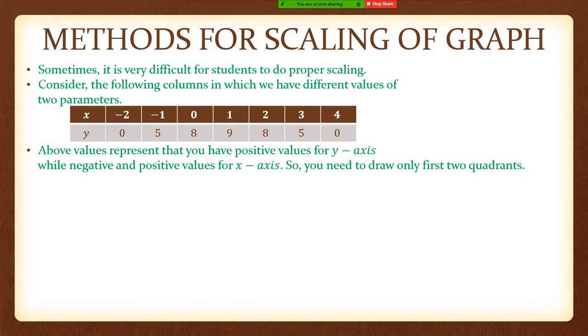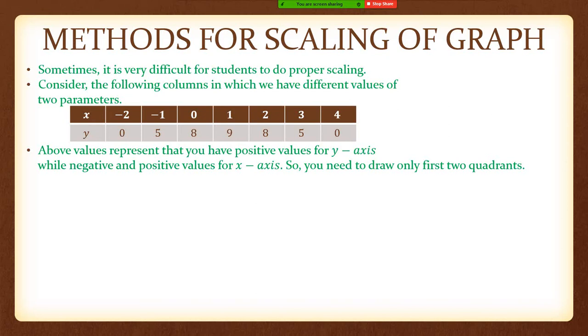So it represents that we are going to work only on the first two quadrants, because in the first quadrant we have positive x and y coordinates, and in the second quadrant we have negative x but positive y. By looking at your values you can analyze which kind of graph you have to draw: either four quadrants or only one quadrant.